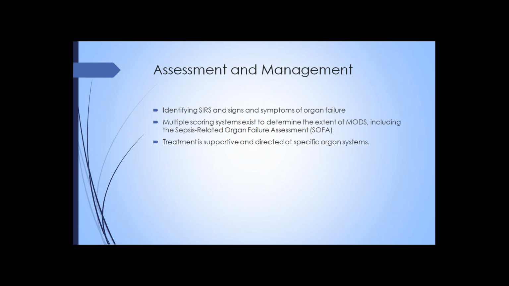But I will tell you the one that is most used is called the Sepsis-Related Organ Failure Assessment, SOFA. I do need you to remember this particular assessment of failure. Okay, this is the one that is most used, and it is the one that we will talk about on your exam.